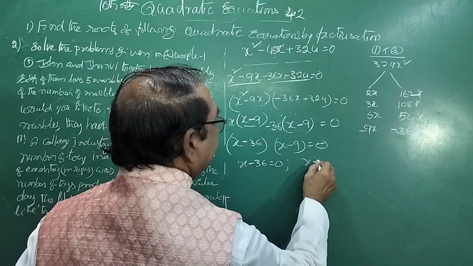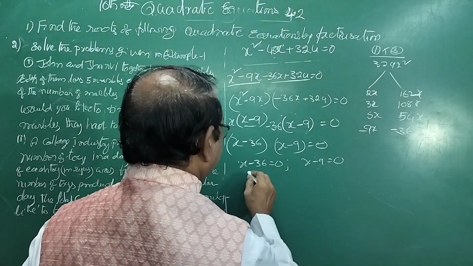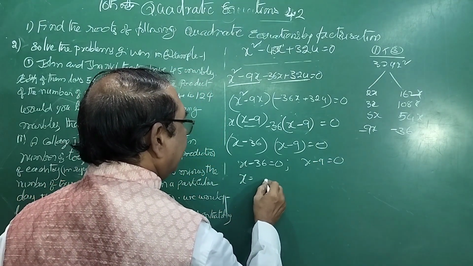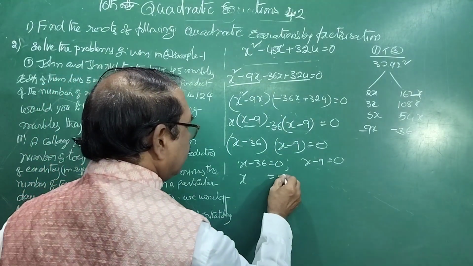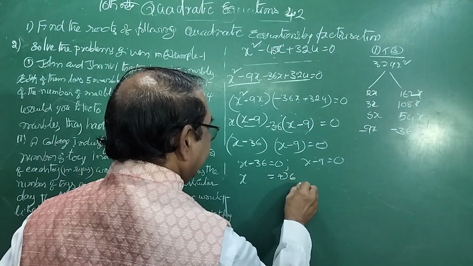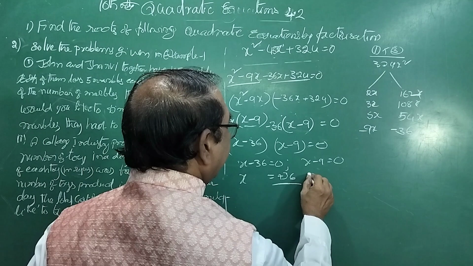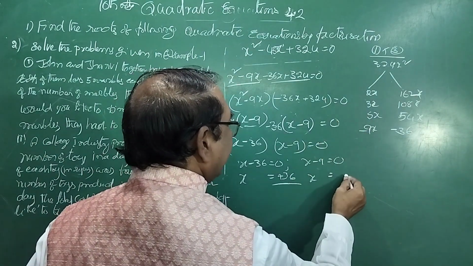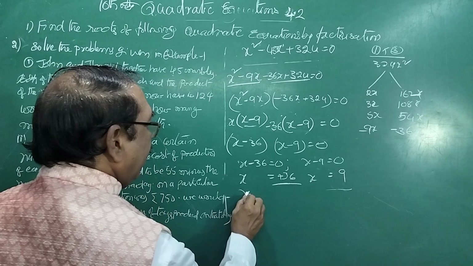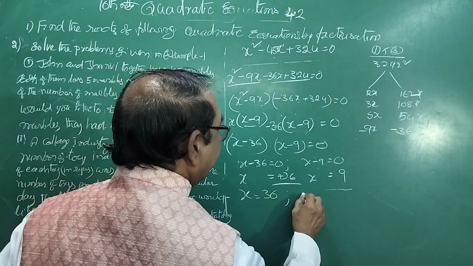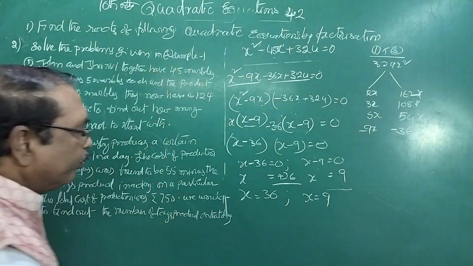Another one, x minus 9 is equal to 0. Therefore, x is equal to 36, when minus 36 goes to the other side, plus 36, and x is equal to 9, when minus 9 goes to the other side, plus 9.